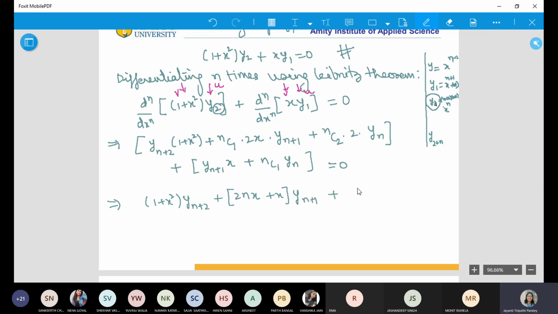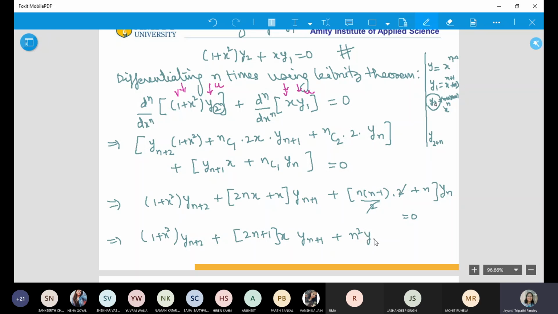Then with yn, you have n into n minus 1 by 2 into 2, plus n. nC1 gives you n, yn. This is equal to 0. When we simplify, this is our answer.